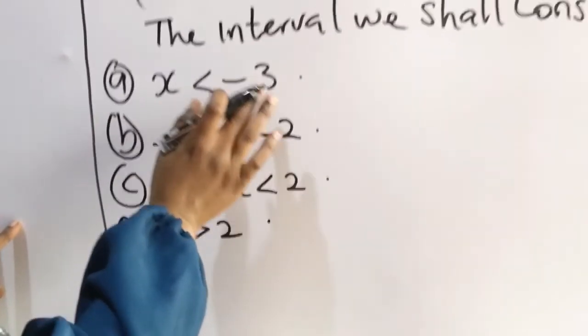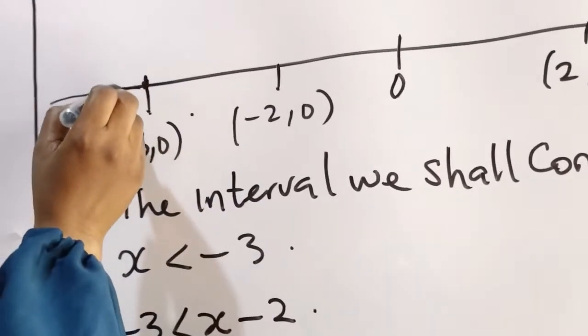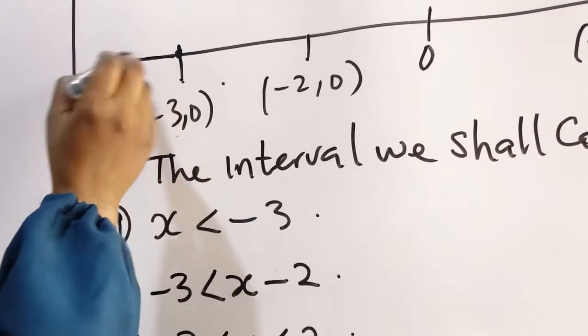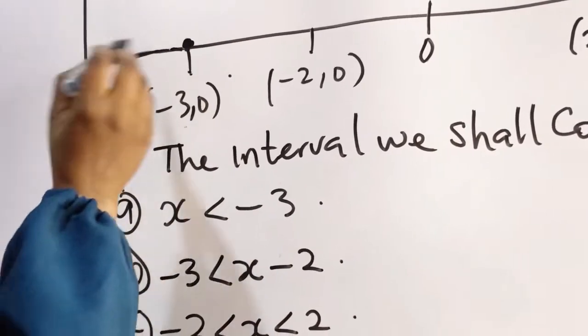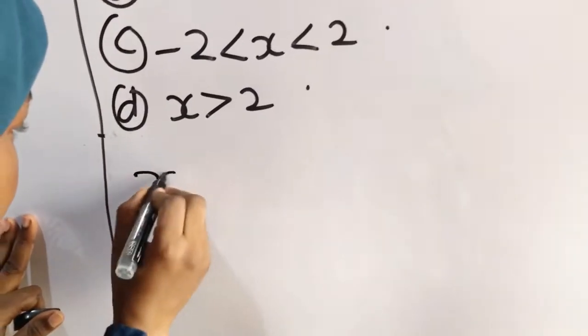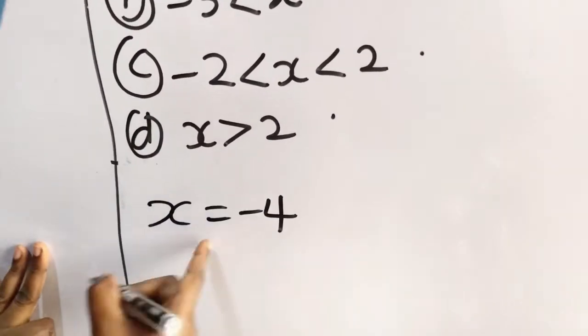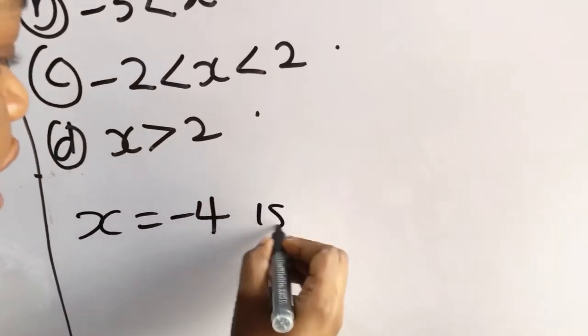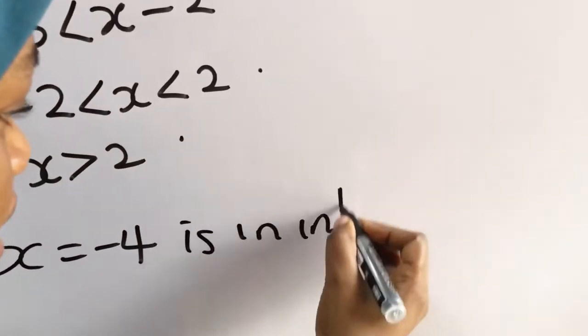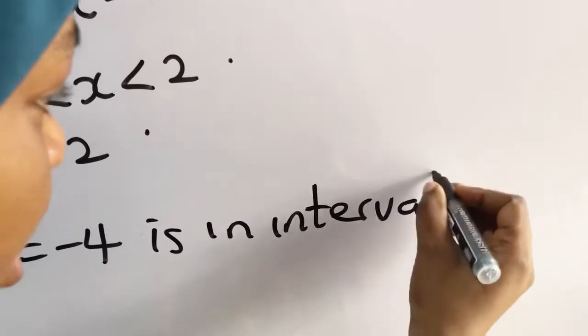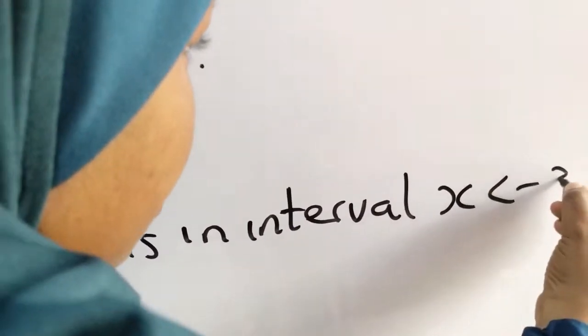So x less than minus 3 means all the values of x that you can find around this place, before minus 3. So let's take x to be equal to minus 4. So x equal to minus 4 is in the interval x less than minus 3.